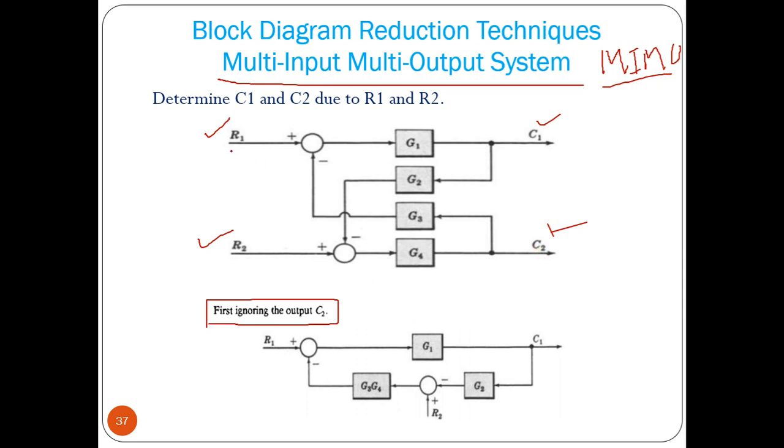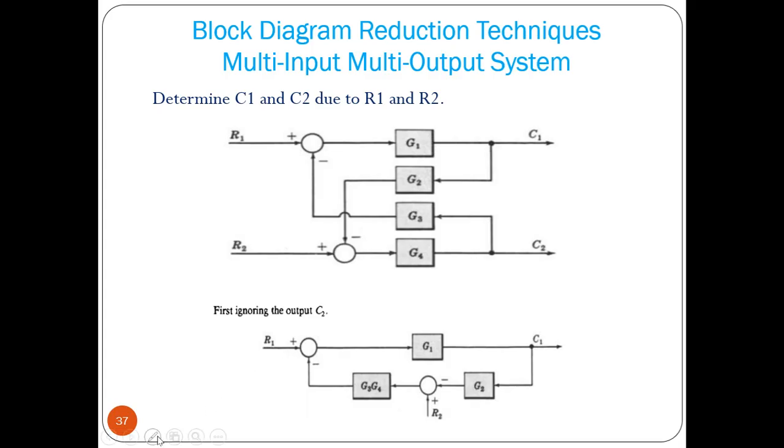If we want to ignore the output C2, then what is the block diagram? Let us check that. R1 comes here, okay. Then it will go through this G1, okay. Then this is your output. Now C1 comes through G2, comes to this feedback path.